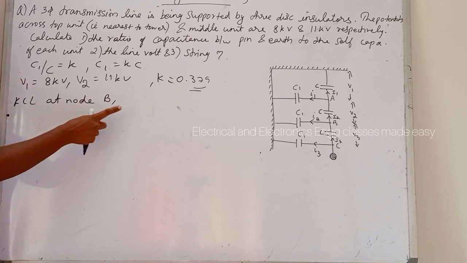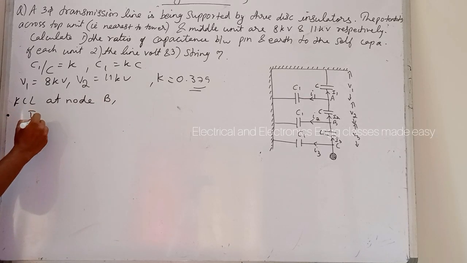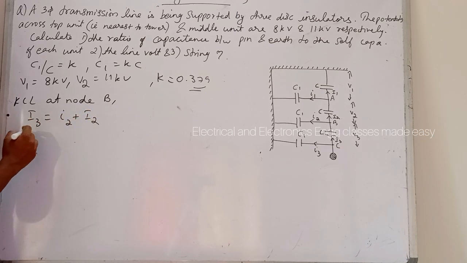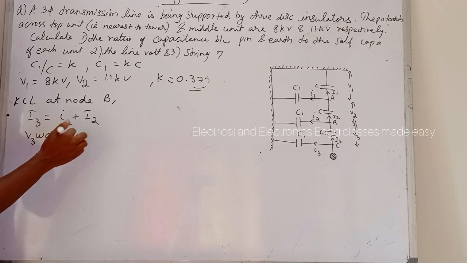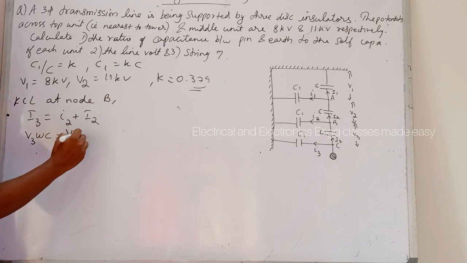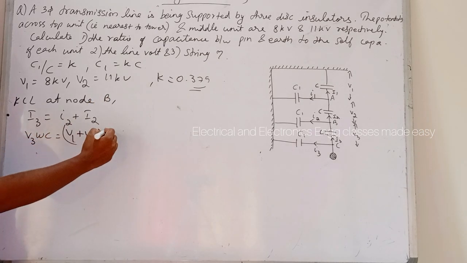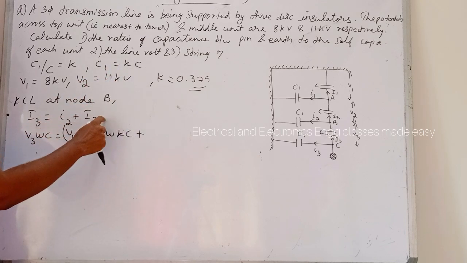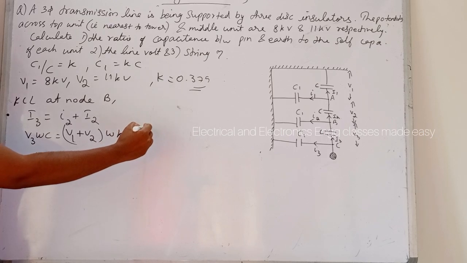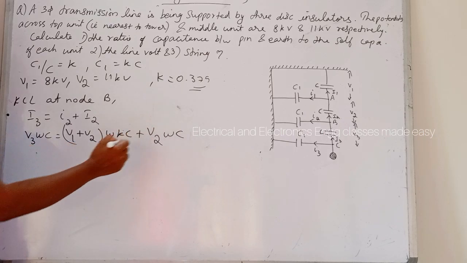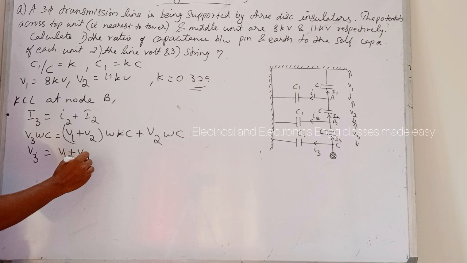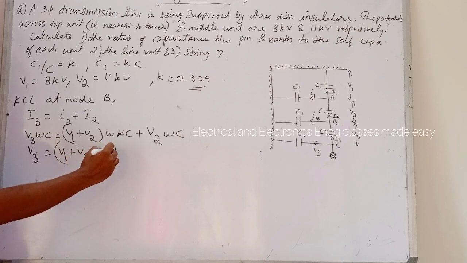Now applying KCL at node B, we will get I3 is equal to I2 plus capital I2. So I3 is V3 into omega C, equal to I2, which is V1 plus V2 into omega into C1, C1 is K into C, plus capital I2, which is V2 into omega C. So here omega C gets cancelled. So V3 is equal to V1 plus V2 into K plus V2.